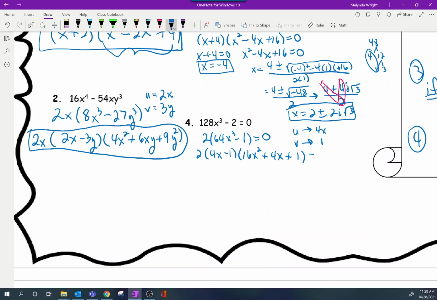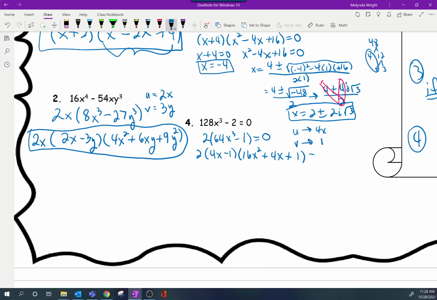So 2 equals 0, that's not helpful, so we just divide that off. So 4x minus 1 equals 0, so 4x is 1, or x is 1/4. This one we would use quadratic formula again, and we've done that so many times. I'm just going to give you the end result of doing quadratic formula.